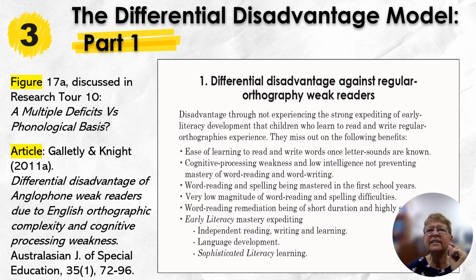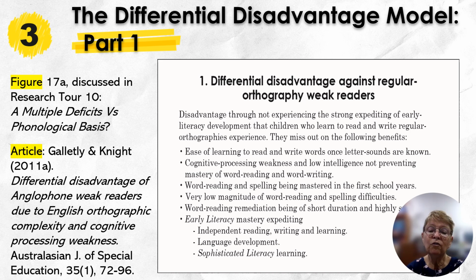Very low magnitude of word reading and spelling difficulties, tiny. The difficulties that Anglophone children have, English readers, are just massive compared to the children in regular orthography nations. Word reading remediation being of short duration and highly effective. Okay, their kids have caught up to adult. Well, for example, in Finland, they've caught up to adult level before our kids have caught up to a level of high school reading.